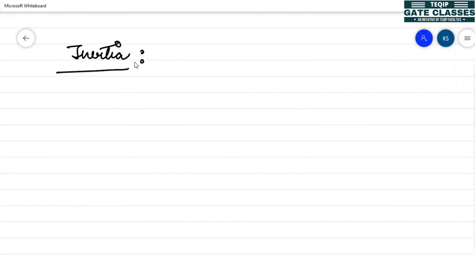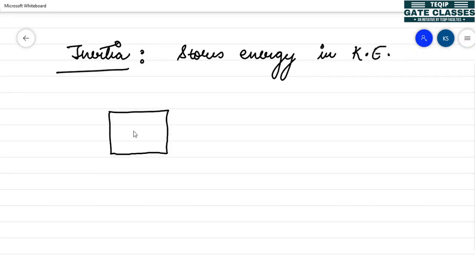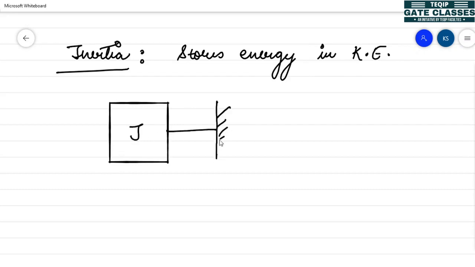Inertia, just like mass, stores energy in kinetic energy form. Inertia is represented by J, and one end is generally connected to a reference, and to the other end I am applying a torque T. Because of the application of torque, there will be some angular velocity and angular displacement theta.